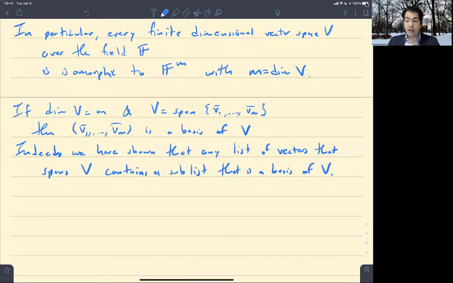So remember, this was an algorithm we gave where you gave me a set that spanned V, and I constructed a set curly B that not only spanned V, but was linearly independent, and hence was a basis. So we saw that any vector space that has a finite spanning set is actually finite dimensional. That's the definition of finite dimension, sorry.